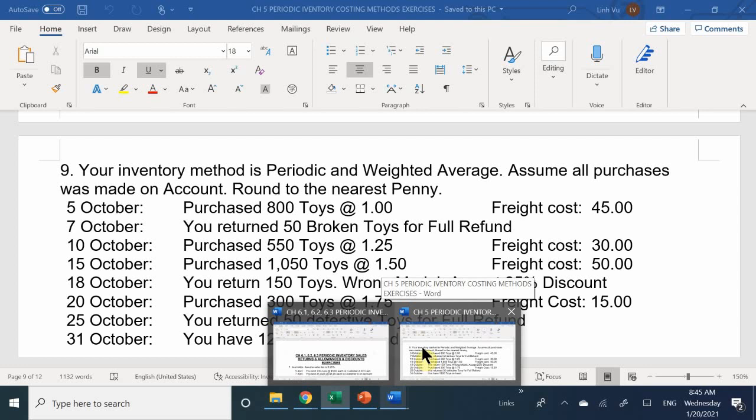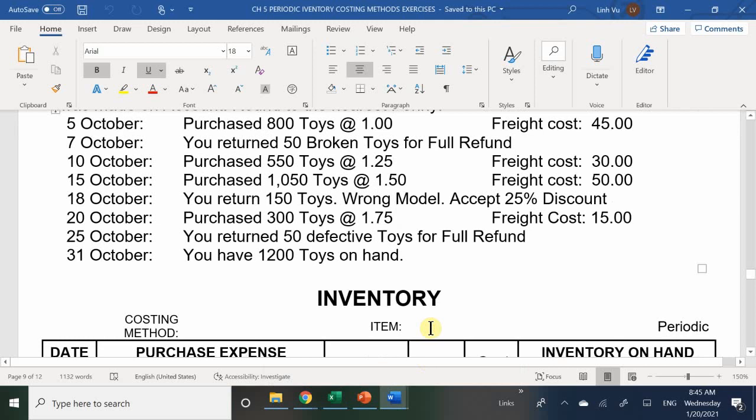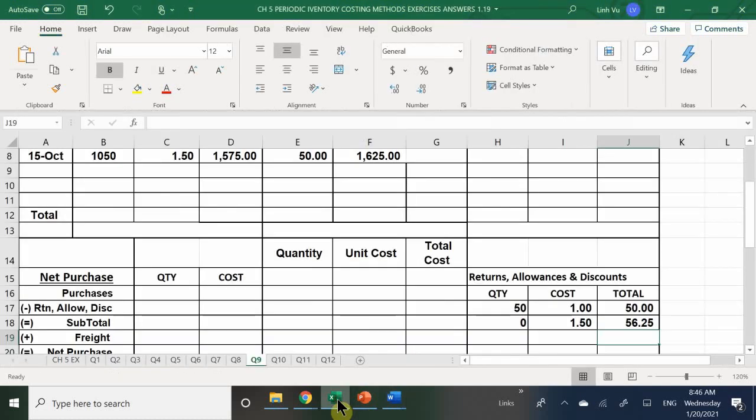And then what happened on October 20th? We bought another 300 at $1.75, with the freight costing $15.